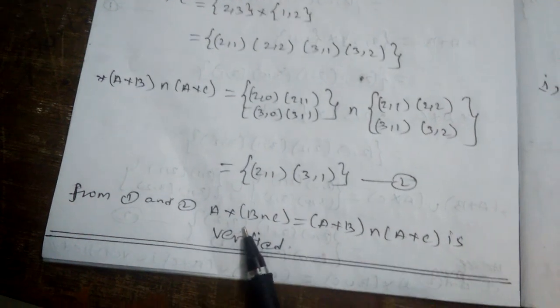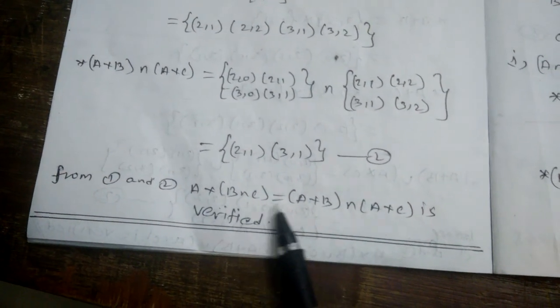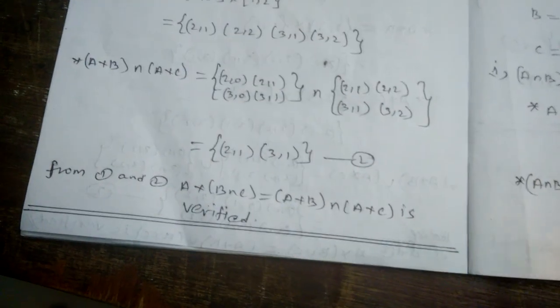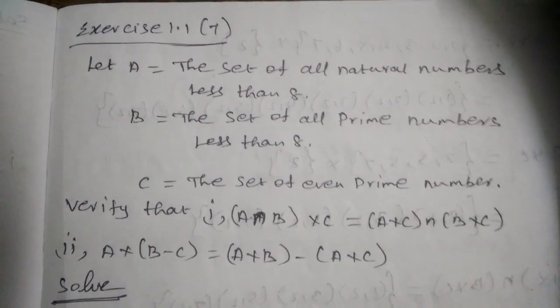From 1 and 2, A cross (B intersection C) is equal to (A cross B) intersection (A cross C). It is verified.